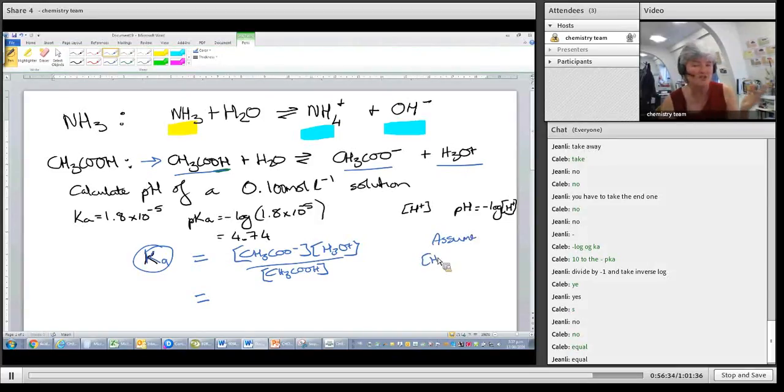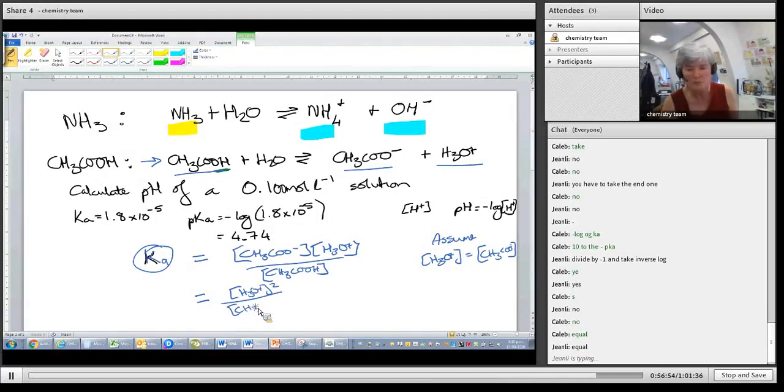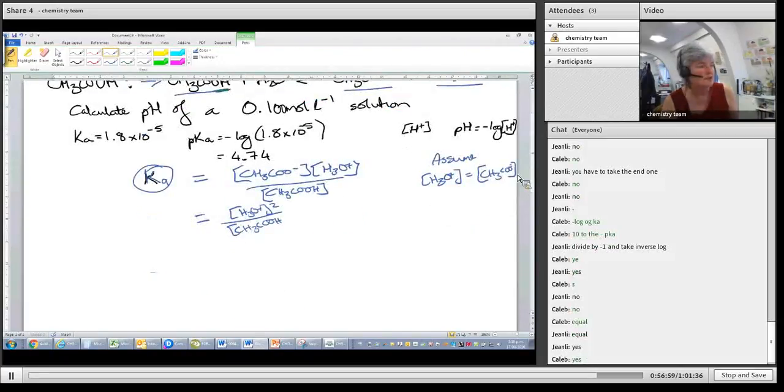Okay, so the same assumptions we did in the solubility. So can you see I can make that squared all over. Does that sound sensible to you? I've made that equal to that, so I've squared it. So my Ka is going to then be 1.8 times 10 to the minus 5.